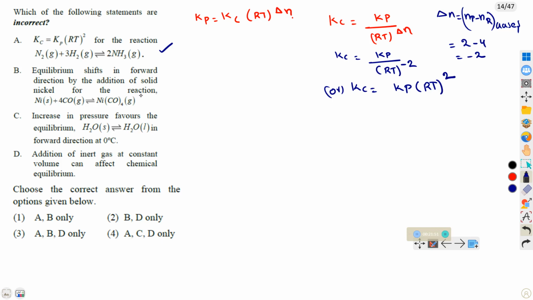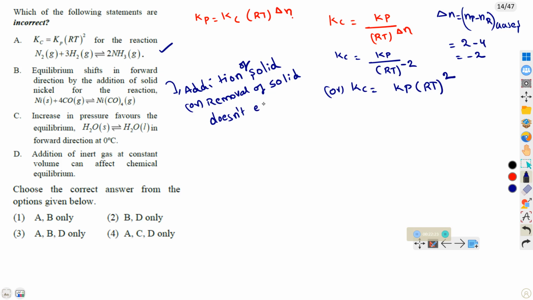So remember, addition of solid nickel, or removal of solid, addition of solid or removal of solid does not affect the equilibrium.